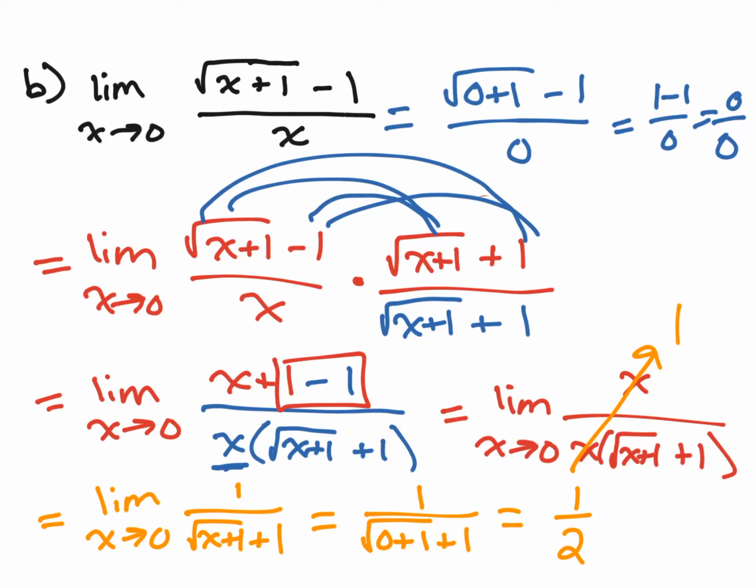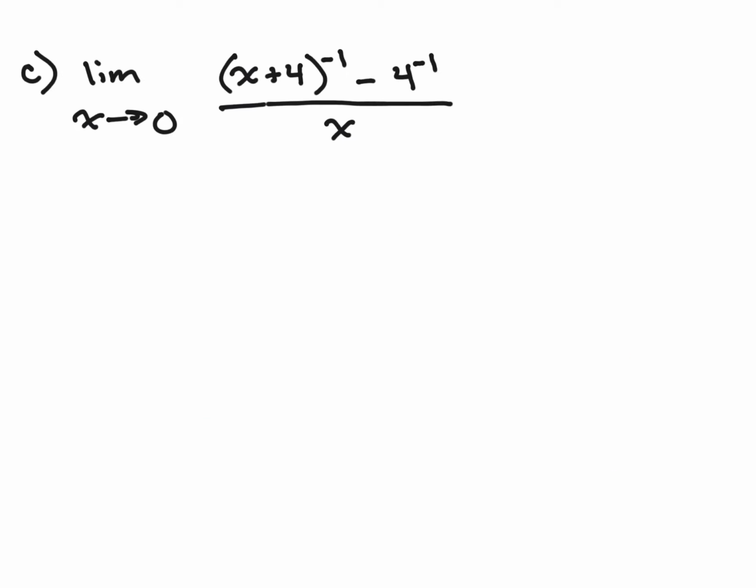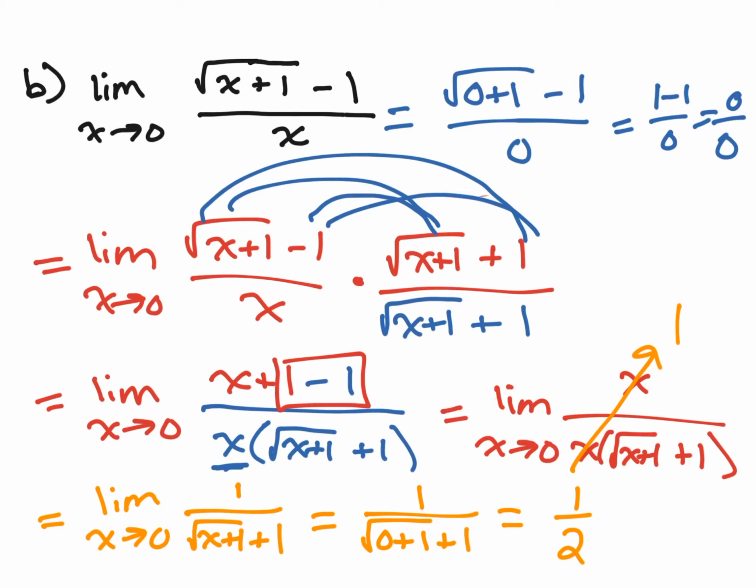So you want to always check first, and if you get 0 over 0, then you go forward. Go back? Yes.